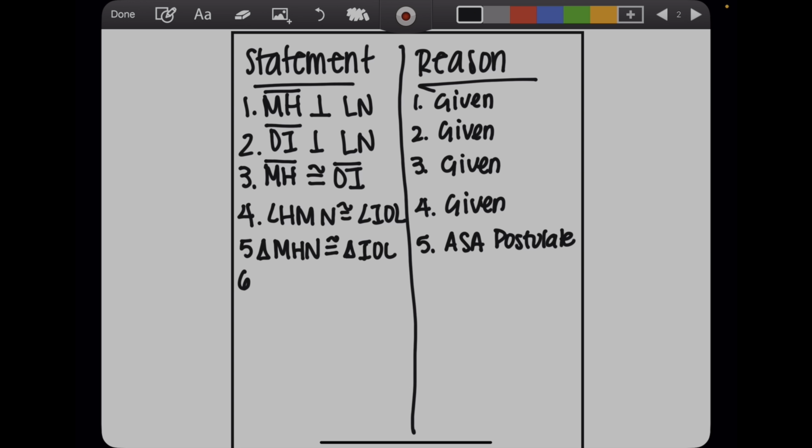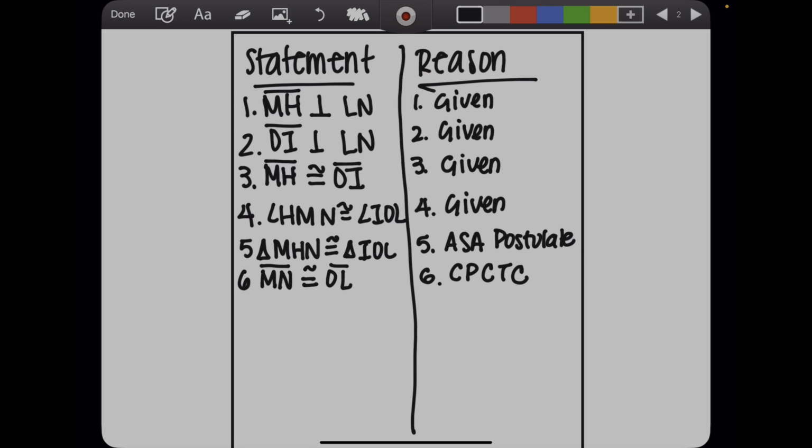Segment MN and segment LO are corresponding parts to each other. That would be established by the CPCTC, which states that corresponding parts of congruent triangles are congruent.